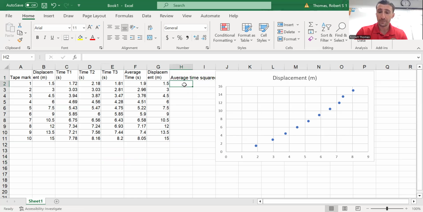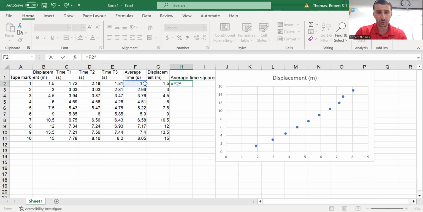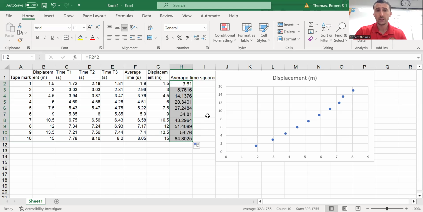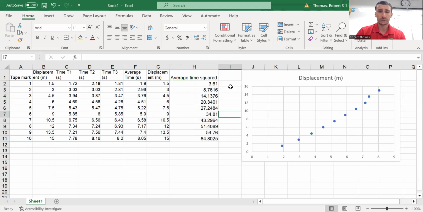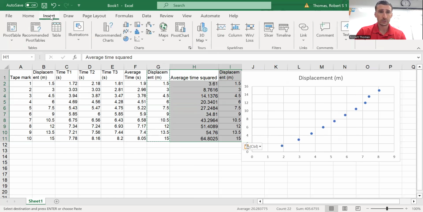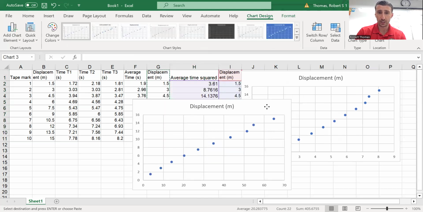Equals this squared. Let's go ahead and just drag that down. All right. So we got that. Now I'm gonna copy and paste this over here so I get the same thing, and now I'm gonna graph these two. Insert scatter plot. Got it. And there we have a straight line.